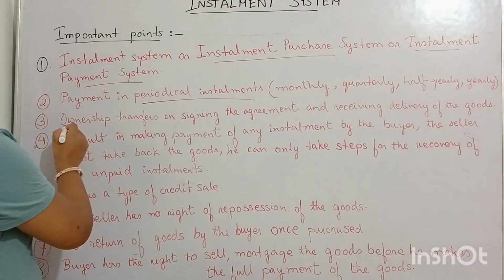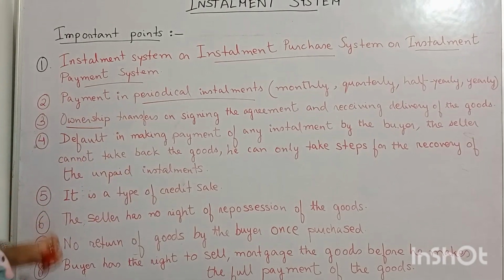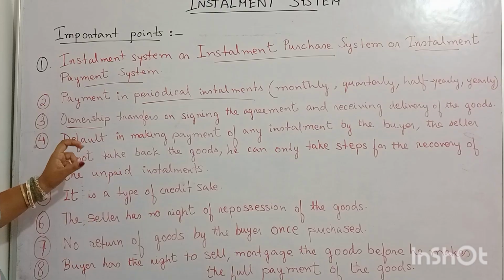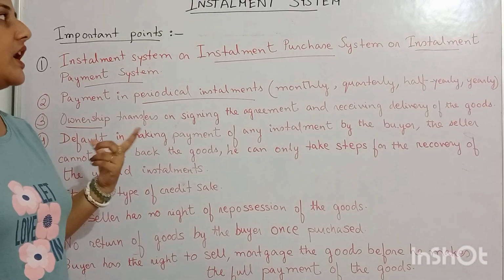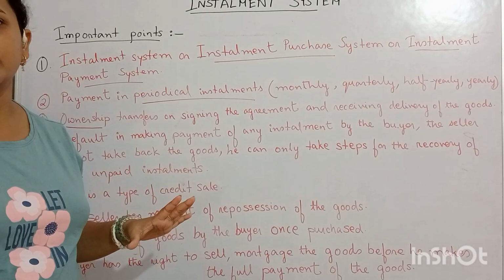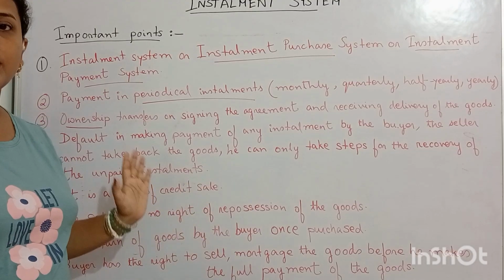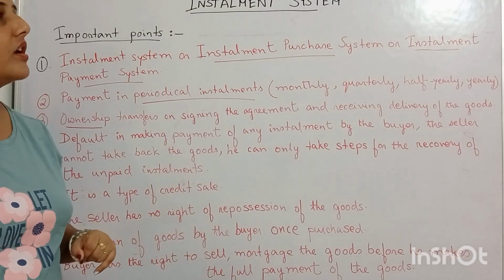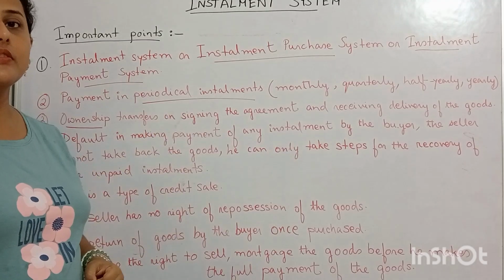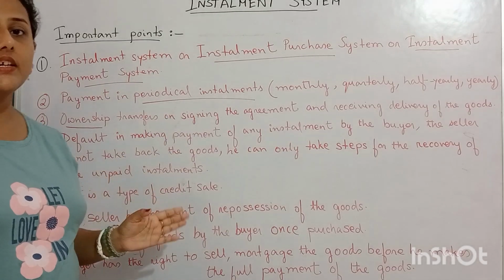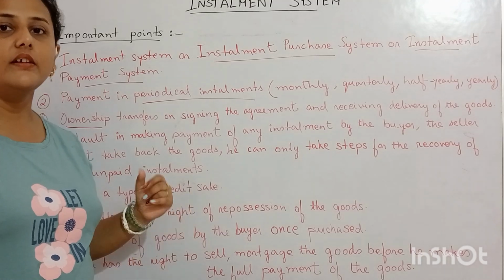So ownership gets transferred from the seller to the buyer on the very date of purchase. This is the main distinction between hire purchase system and installment system. In hire purchase system, the ownership does not get transferred on the date of purchase, but in case of installment system, the ownership gets transferred on the very date of purchase from the seller to the buyer.